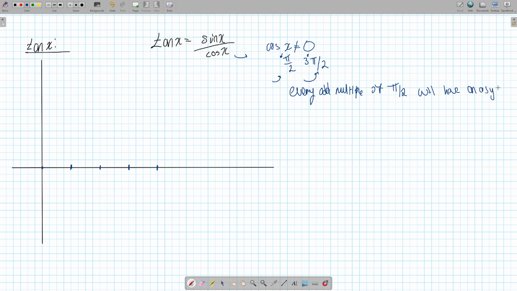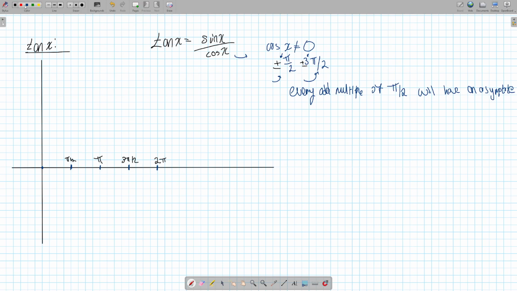And I'm going to show you how this graph looks in a second. So we're going to start numbering our graph. We have pi over 2 over here, pi over here, 3 pi over 2, and then 360, which is 2 pi. By the way, plus minus. So if you go back to the negative side, also at negative pi over 2 and negative 3 pi over 2, you're going to have this.